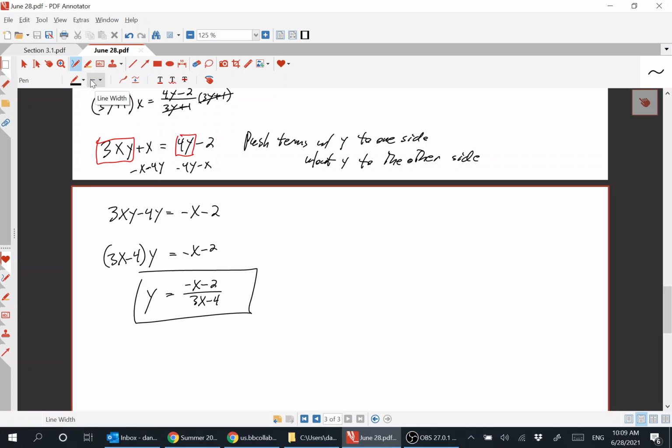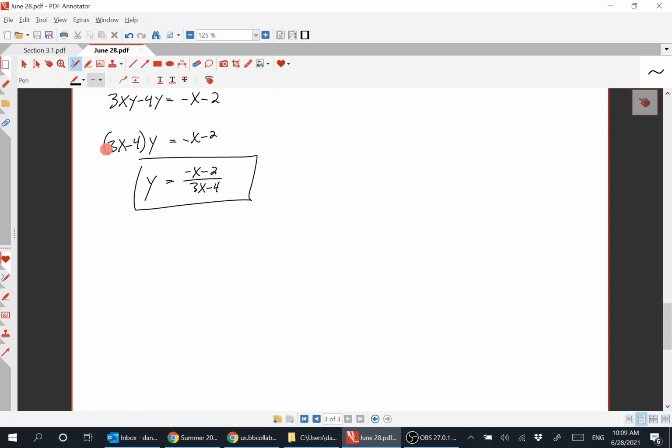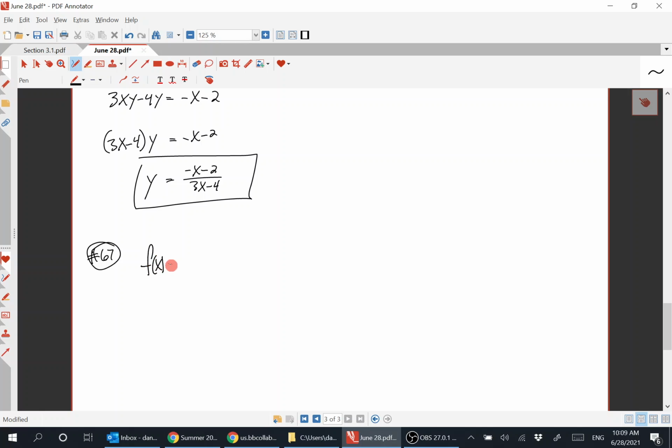What else? For number, say, 67, we have f of x is the square root of 8x plus 5.